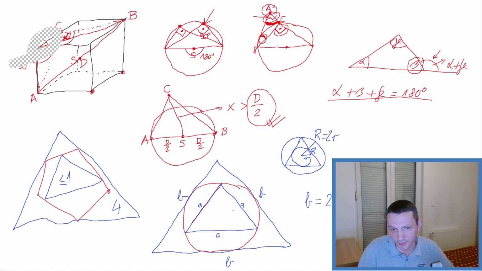So from this we also know that in this case B is equal to 2A. So if this small triangle has area P, then the bigger triangle has area 4P because sides are double in size.